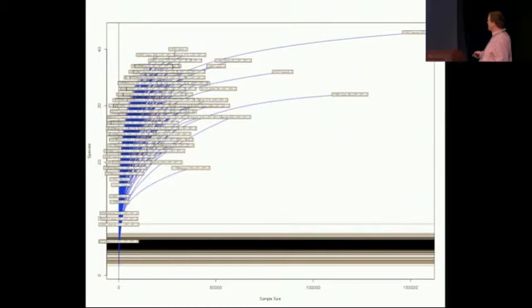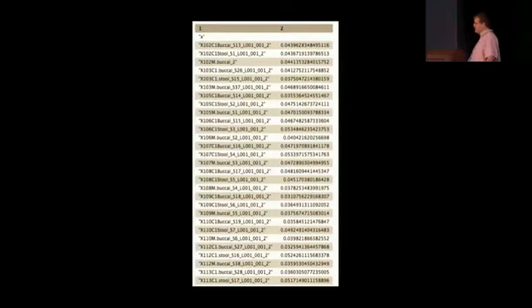So what you might want to do in this case is either resequence those samples or remove them from your analysis so that you don't lose a lot of this information. Now, looking at that curve, it's not too easy to do, so this rarefaction tool will also report the slopes of the curve. You can then do some filtering manually to figure out what samples might not be robust enough.